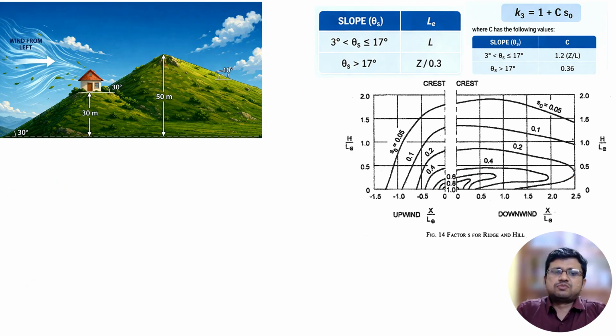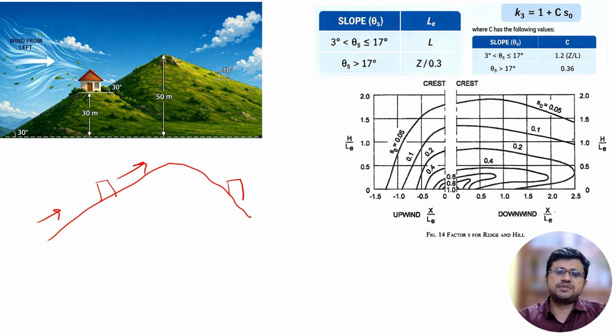Now the previous problem was when the building is located at the crest position, but it may also happen that the building is located on the slope itself, either in the upwind position or in the downwind position. If wind is coming from this side, this will be the upwind slope, this will be the downwind slope. So our building can actually be located in any particular position, and at that time also we have to calculate the value of K3.